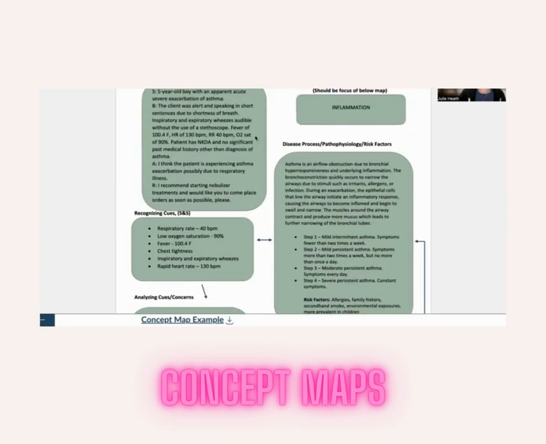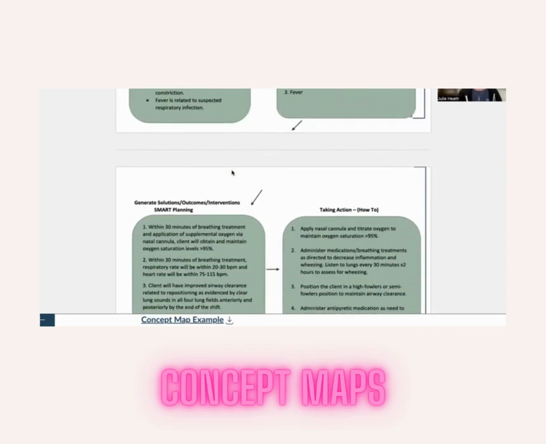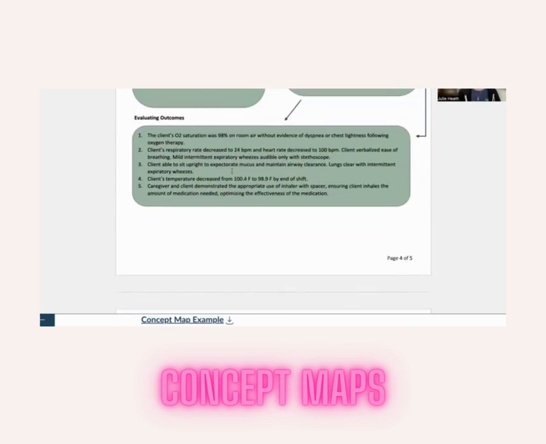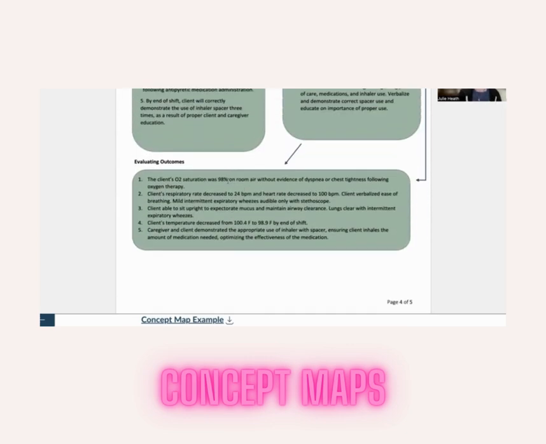Yeah. His O2 sat was 90% when he came in, right? So it shows signs of improvement at 98% on room air without evidence of dyspnea or chest tightness. Okay. So that's a really good show signs of improvement.